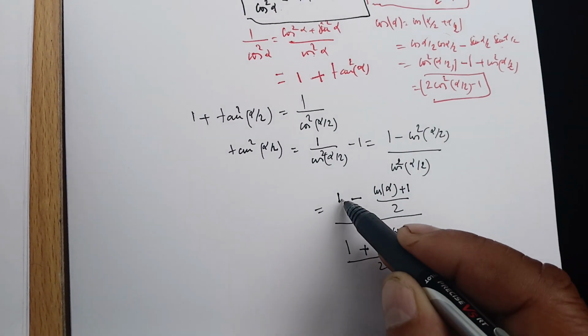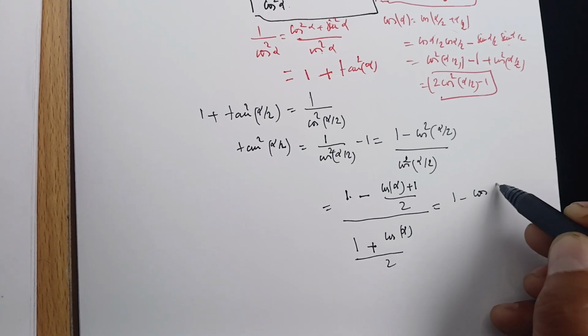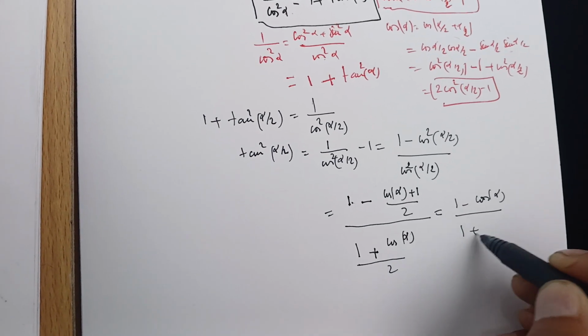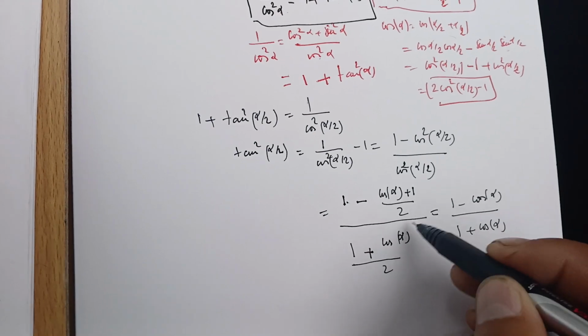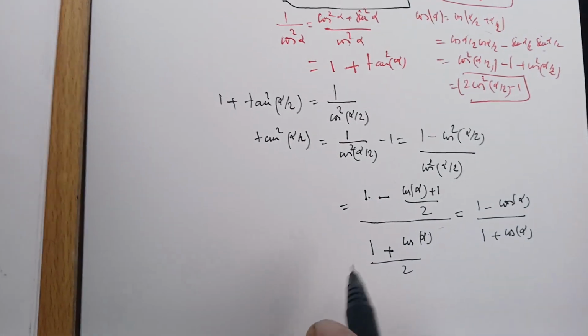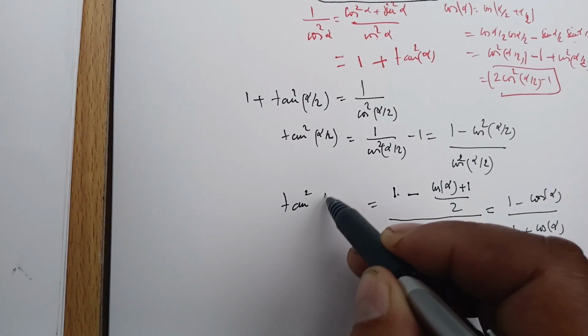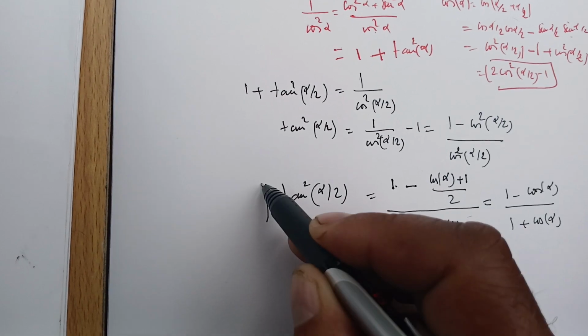So when I simplify here, I get 1 minus cosine alpha over 1 plus cosine alpha. I had to eliminate the 2 from the top and the bottom. Therefore, I have a result that can help me solve this problem.